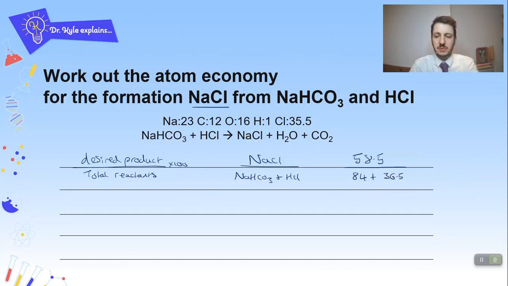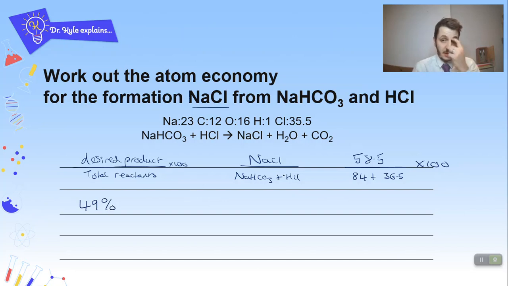So I've got 58.5 over 84 plus 36.5, equals, times 100. And this one comes out as, if you round it up, 49% efficient.